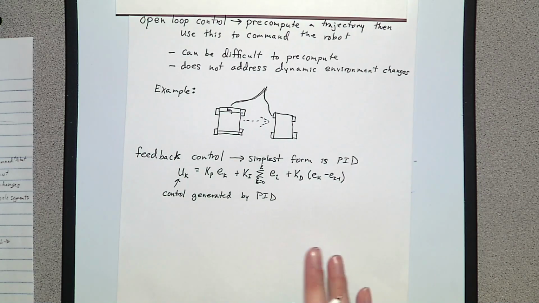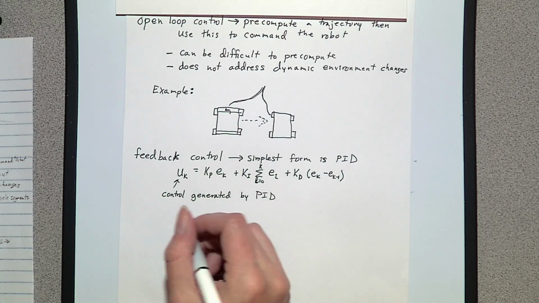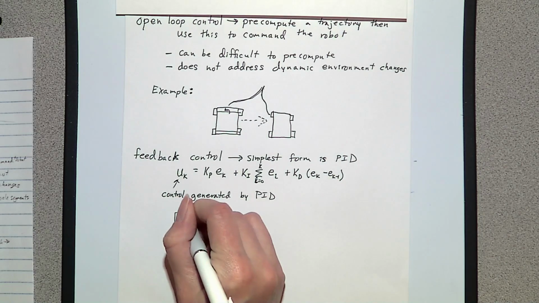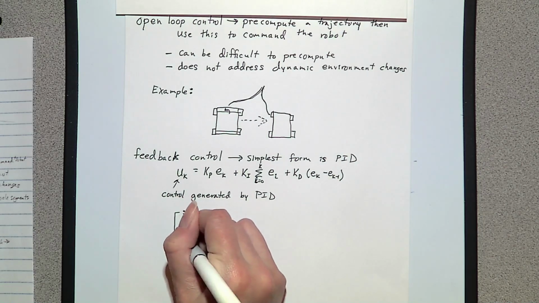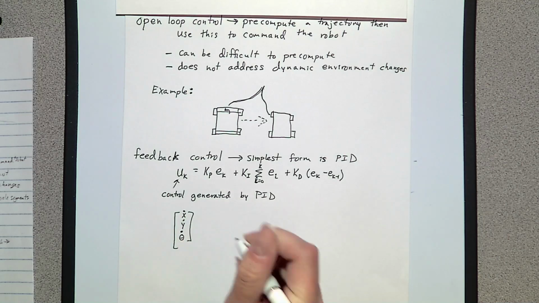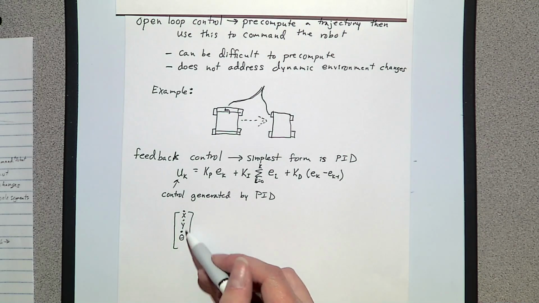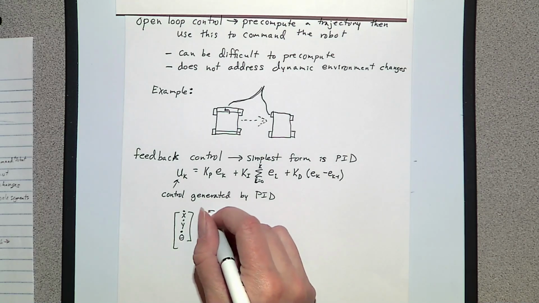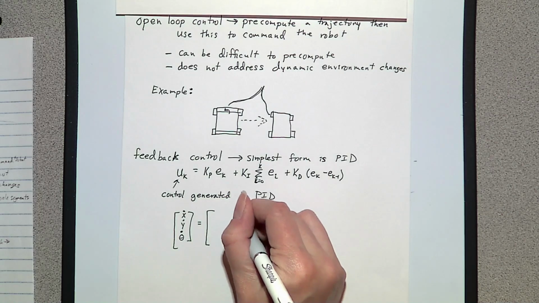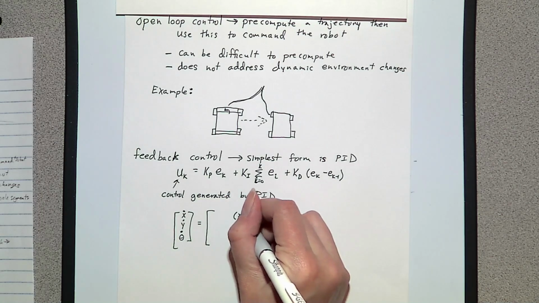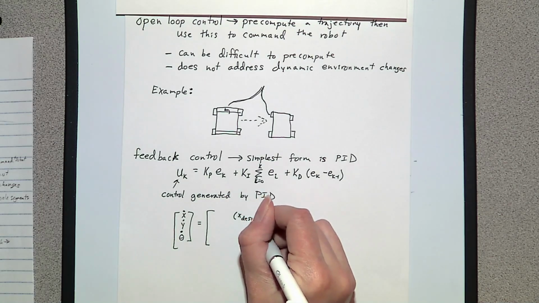And so you might have something like, say you want to move to some position, or some pose, x, y, theta. So you could figure out the velocity that you need by looking at, say, where you want to be, so your x desired.